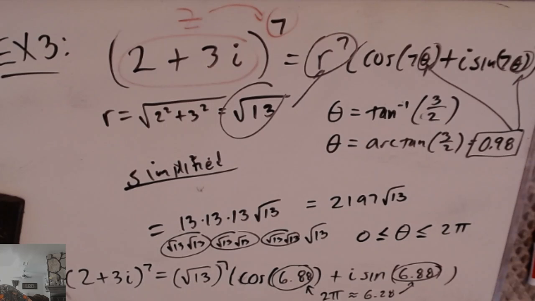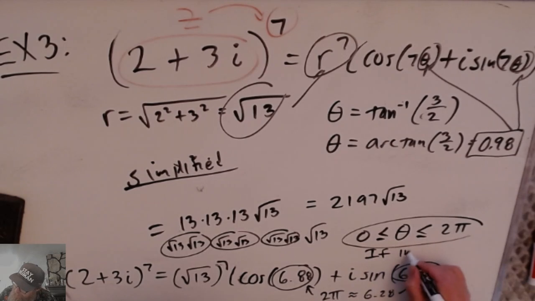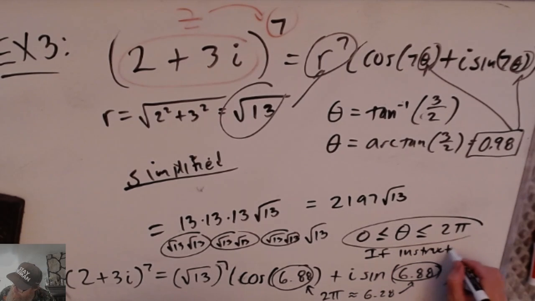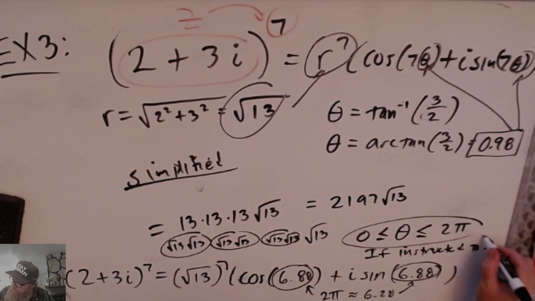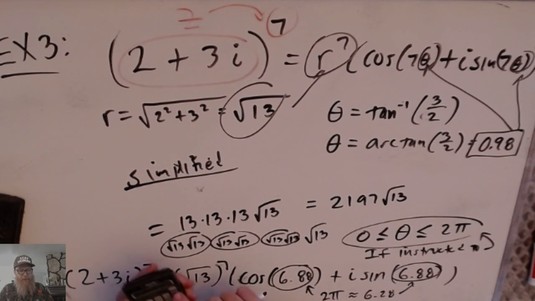I don't think that is required, but sometimes it is. So if instructed to be between 0 and 2 pi, then you can subtract 2 pi from this angle. If not, you can leave it the way it is. So I'm going to go 6.88 minus 2 pi.